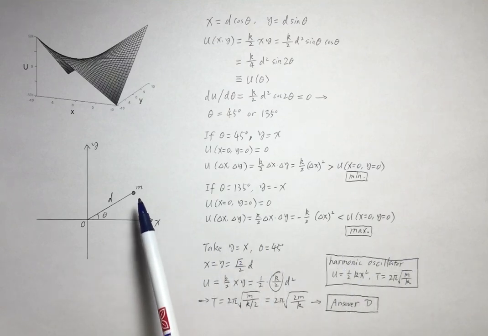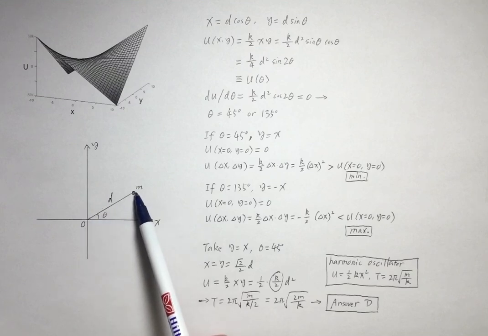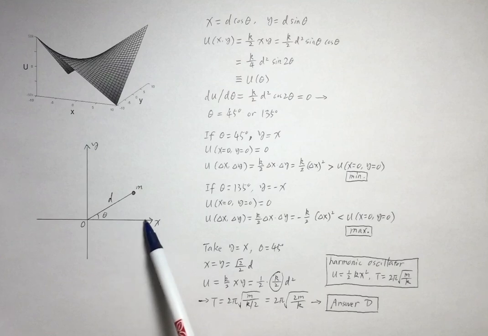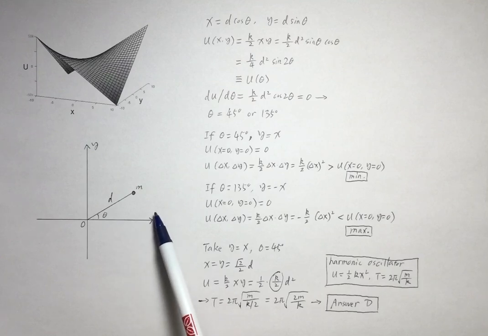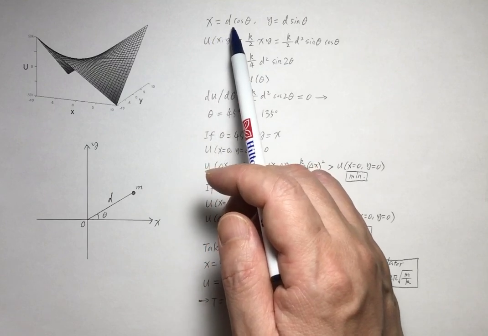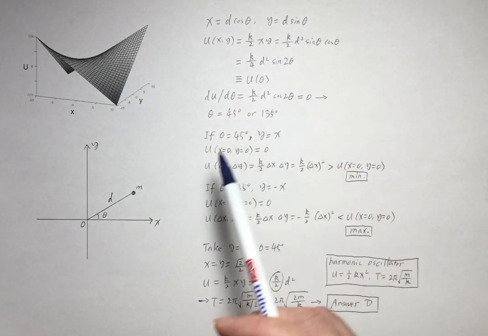Now we assume this particle has a distance d from the origin, and an angle theta with the x-axis. It's straightforward to figure out that x equals d cosine theta and y equals d sine theta.